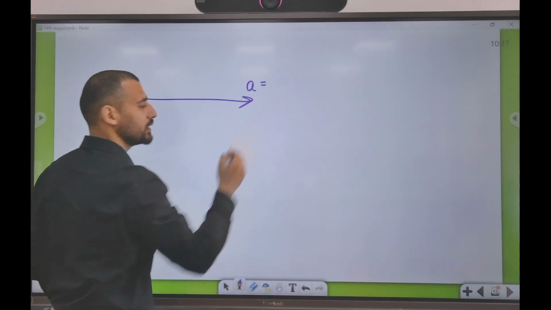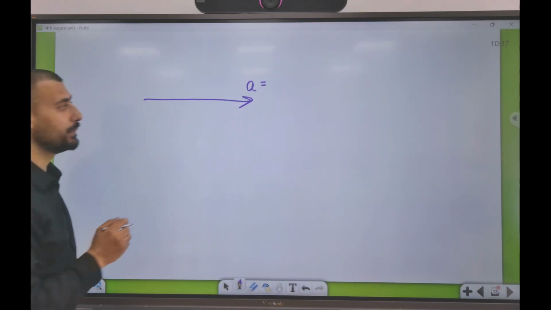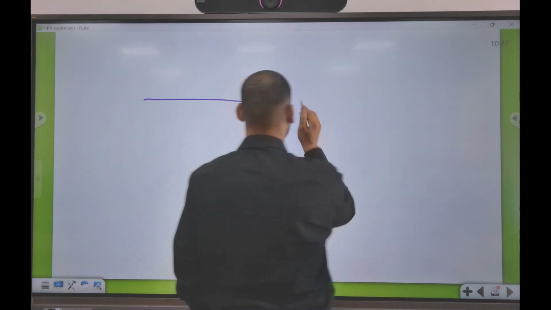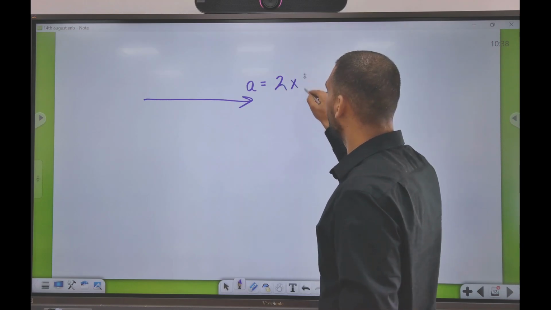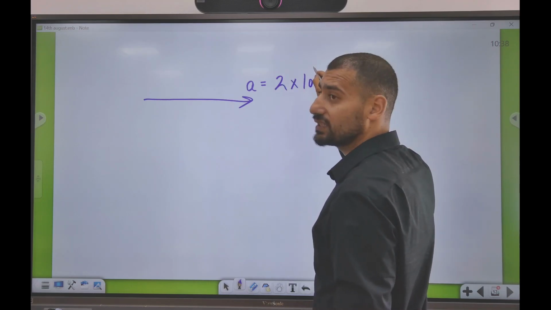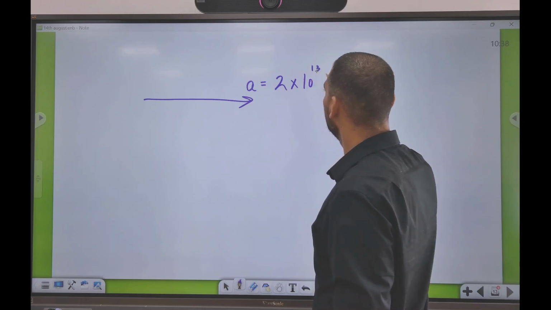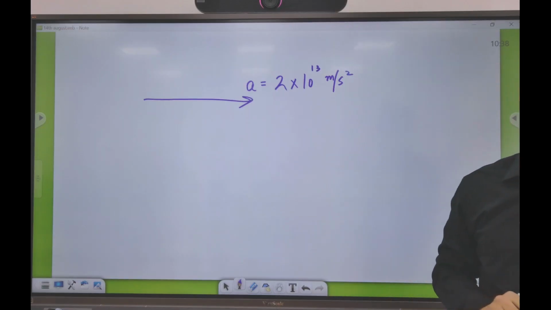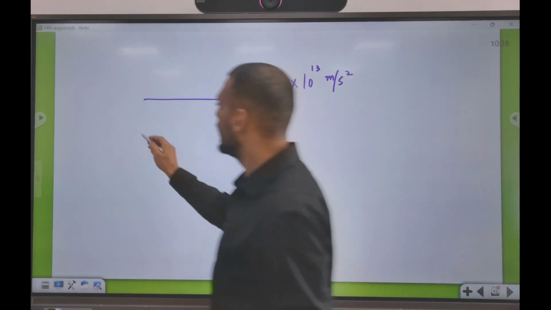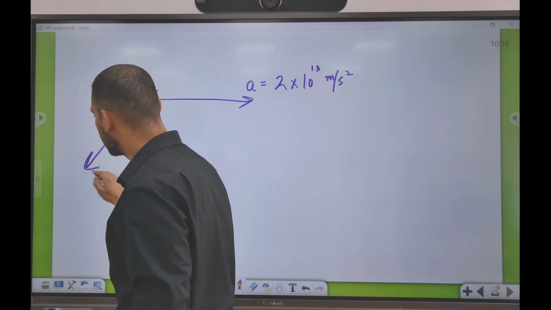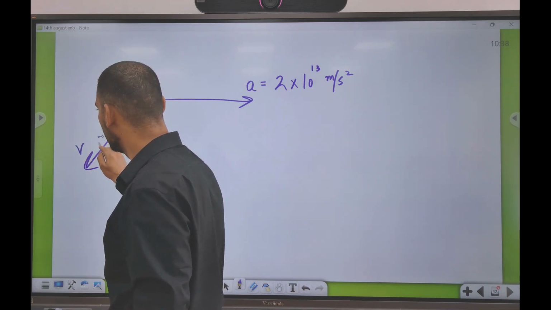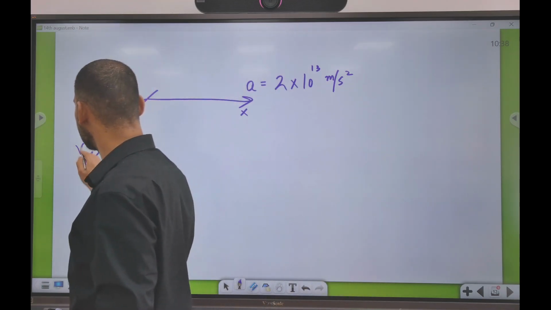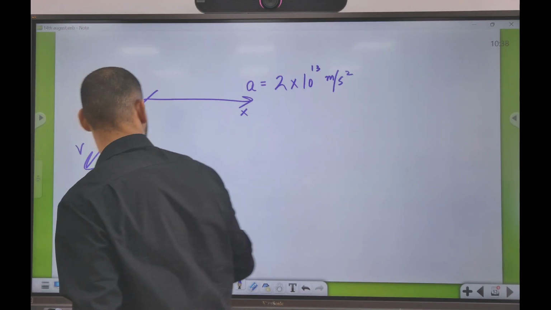What is the value of the acceleration? 2 times 10 to the power 13 meter per second square. Okay, this is the acceleration. Also that the velocity is along the z-axis. This is z, this is x, and this velocity is how much? What is the velocity?